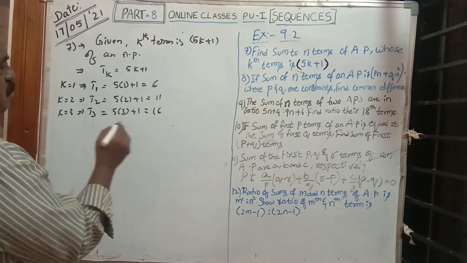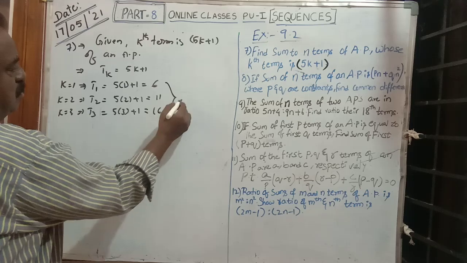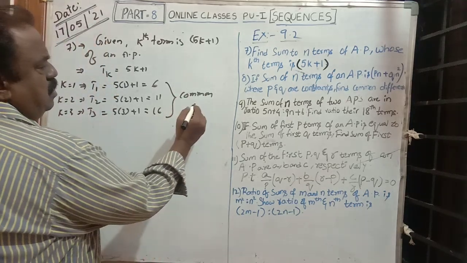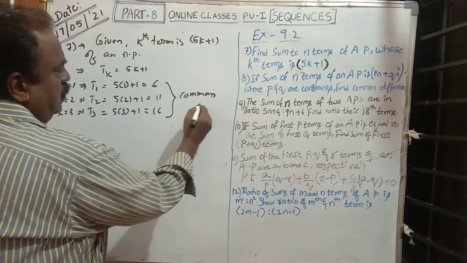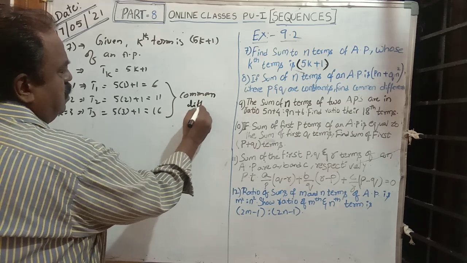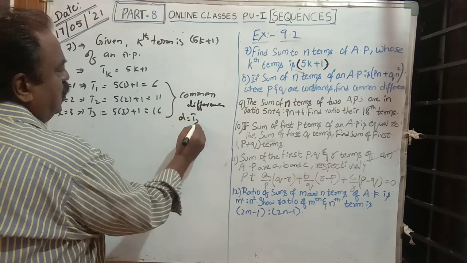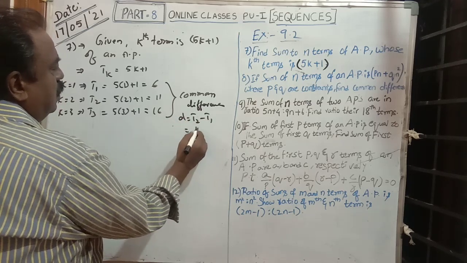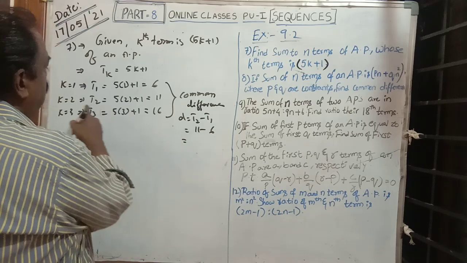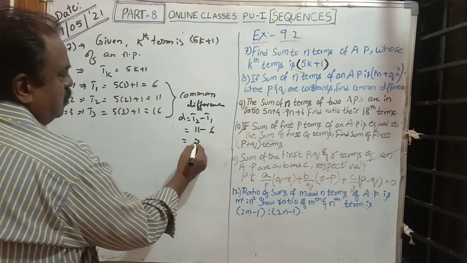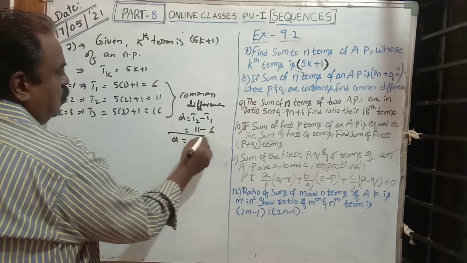So here, what is the common difference? You know it. d is equal to t2 minus t1, 11 minus 6. t2 is 11, t1 is 6. It is 5. So d is equal to 5.